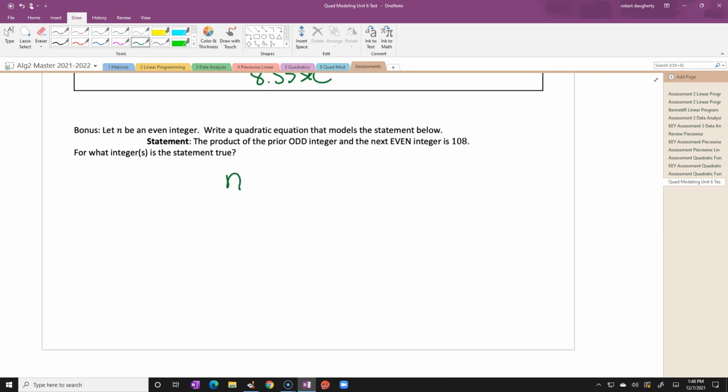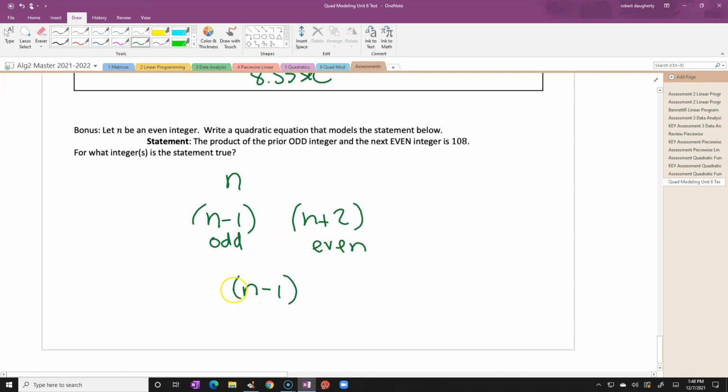Okay, so if n is even, the one right before it is odd. So n minus 1, that's the prior odd integer. If n is even, n plus 2, that's the next even integer. So n minus 1 times n plus 2, these things multiply to 108 according to this problem.